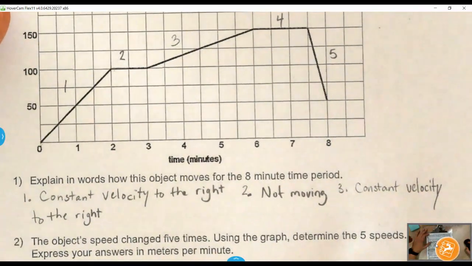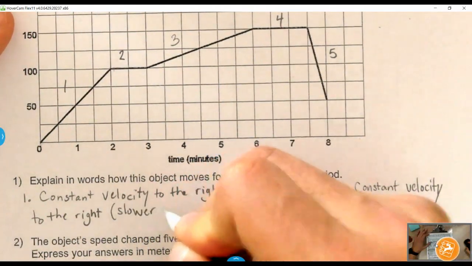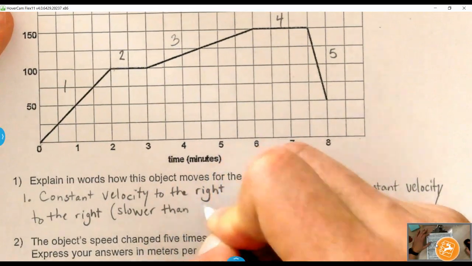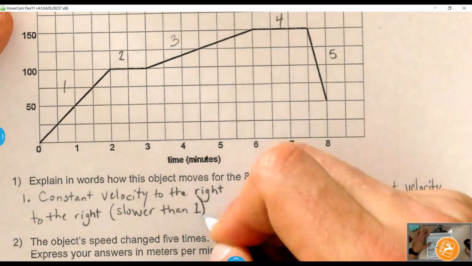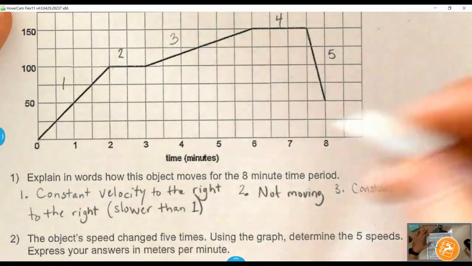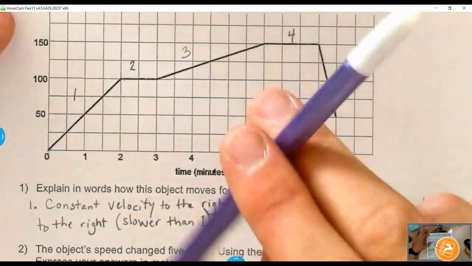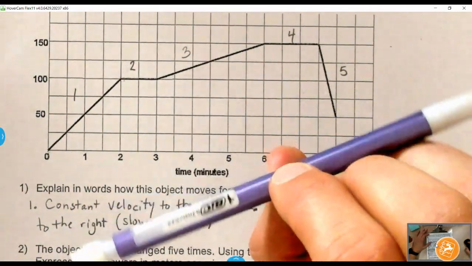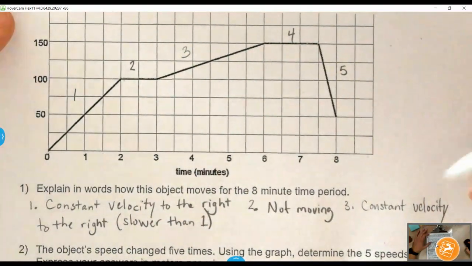And then I would just add, is it slower or faster than line segment 1? So I'm just going to write slower than 1. So hopefully you understand what I'm talking about there, right? Remember, guys, steepness is relating to our speed or velocity. The steeper it is, the faster it is.